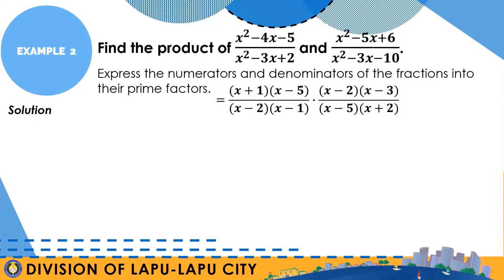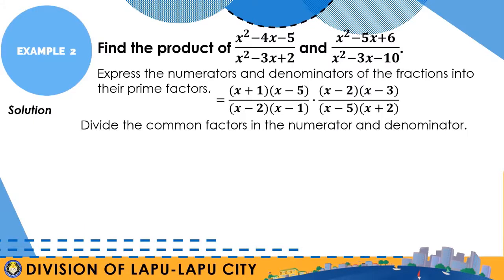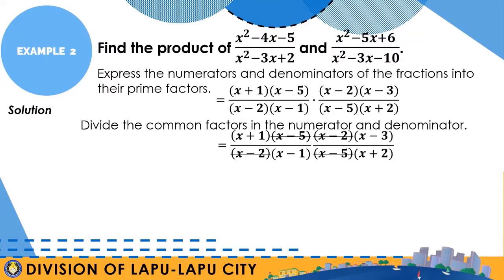So, we have x plus 1 and x minus 5 over x minus 2 and x minus 1, times x minus 2 and x minus 3 over x minus 5 and x plus 2. Next, divide the common factors. We have x minus 5 and x minus 2 as common factors.